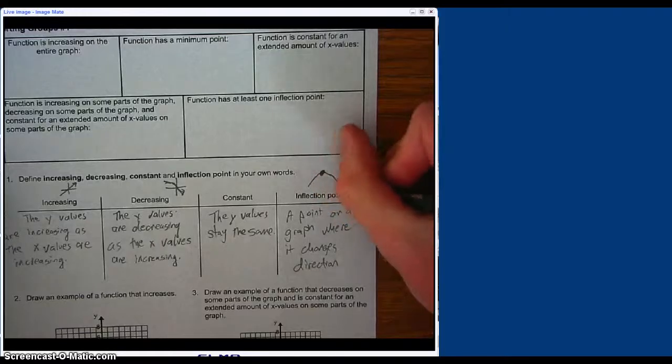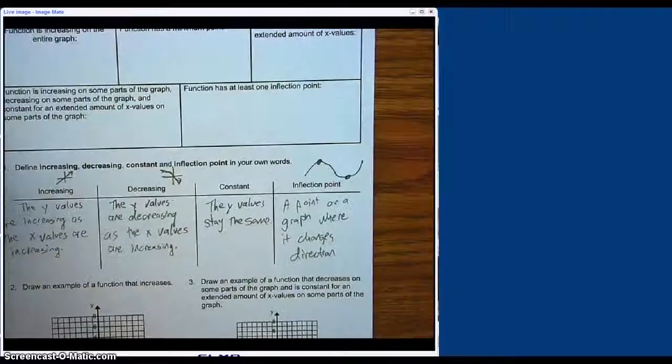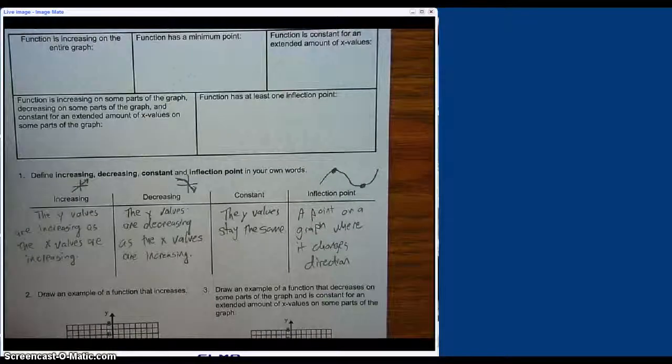And if it was going downhill and went uphill, that would be an inflection point. The minute it starts going from uphill to downhill or downhill to uphill, those are inflection points on the graph. So make sure you have these definitions before you go on to the actual sorting and talk about them.